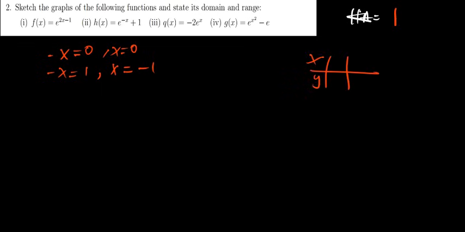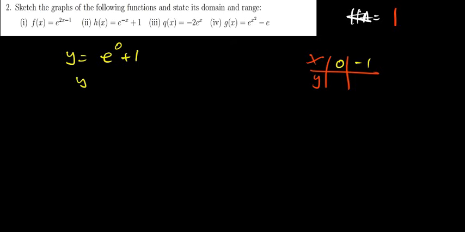When x is equal to 0 and when x is negative 1, what will be the value of y? Y will be equal to e raised to the power 0, because negative is not going to affect anything. Any number to the power 0 is 1. 1 plus 1 gives me 2.